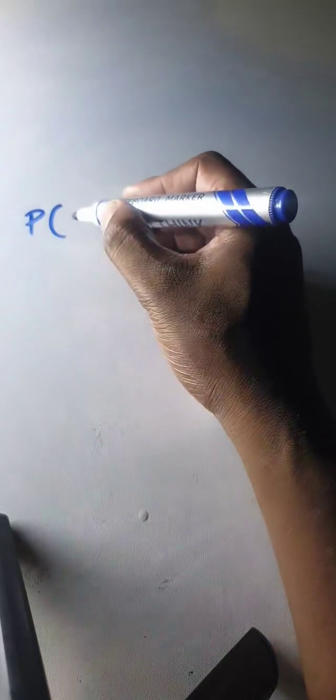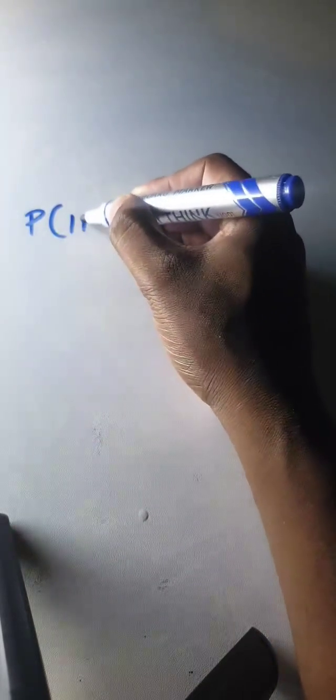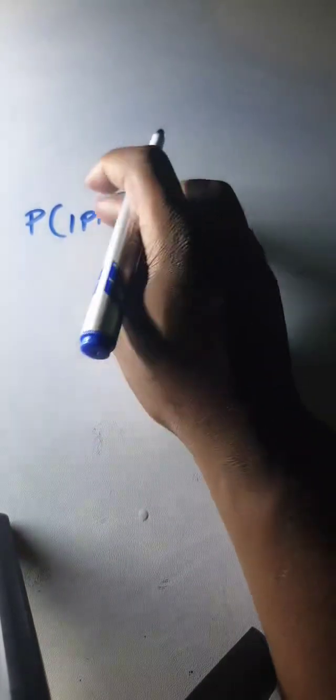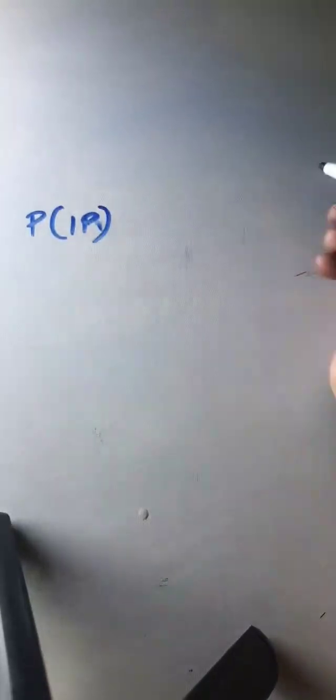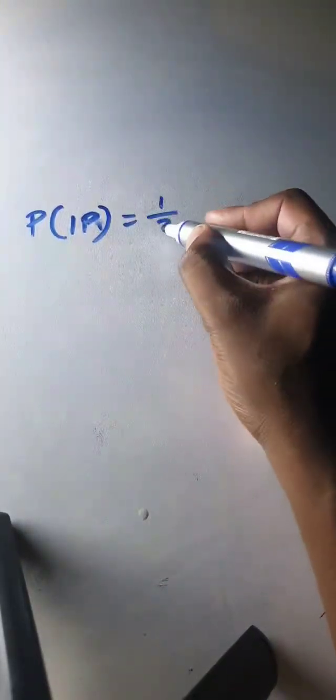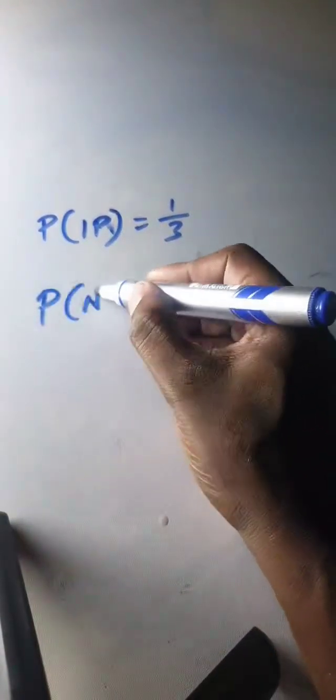One more, then I continue. The probability that Kangwa has an iPhone, let me go with IP, is 1 out of 3. Find the probability Kangwa doesn't have an iPhone.